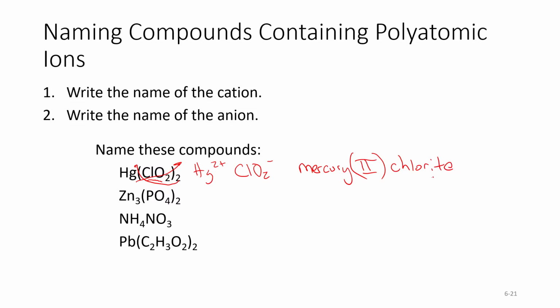Now we're putting -ite because that's the actual name of the polyatomic ion. We're not using an -ide ending, and we're not putting chlorate, because if you look at that table provided in your chemistry aid sheet, second to last page, right before the periodic table, you're going to see the name chlorite and ClO2 minus.